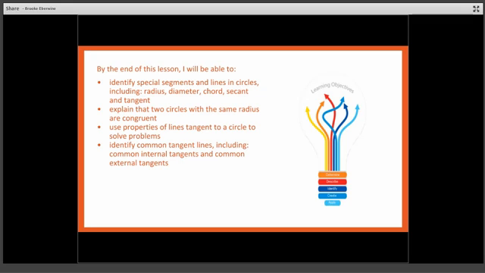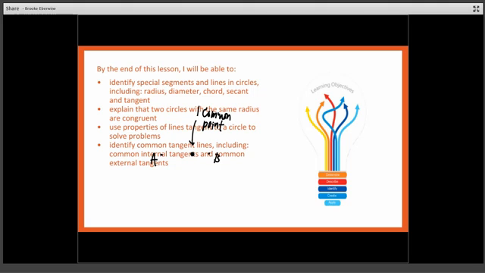So you can see on the left we have, let's say, circle A, circle B. These circles are what we call tangents because they only intersect at one common point. So we say they are tangents.